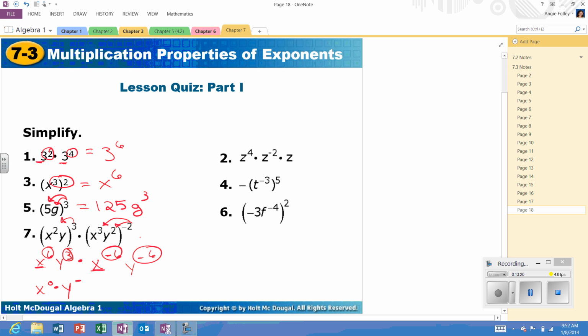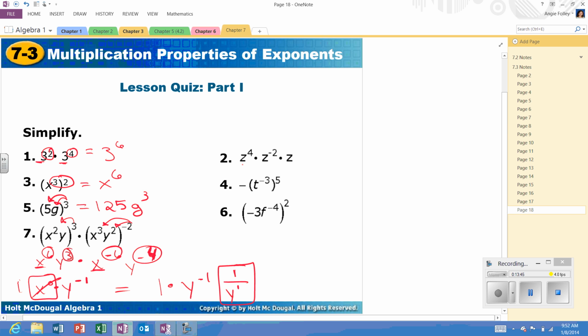Did I do that right? Did I miss something? Oh, this is to the negative 4th. Sorry about that. Because negative 2 times 2 is negative 4. So 3 minus 4 becomes negative 1. Now this x to the 0 becomes 1. So I have 1 times y to the negative 1. But I want that negative 1 power to be positive, so I'm going to put 1 over y to the first. And that is your answer.